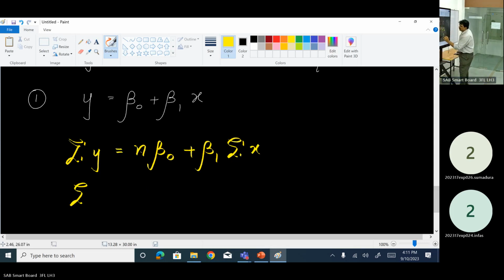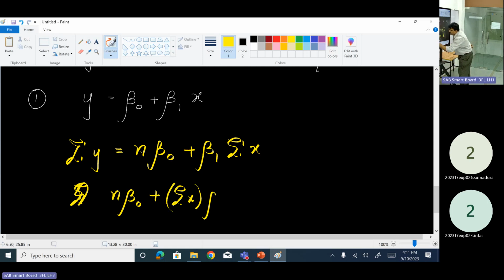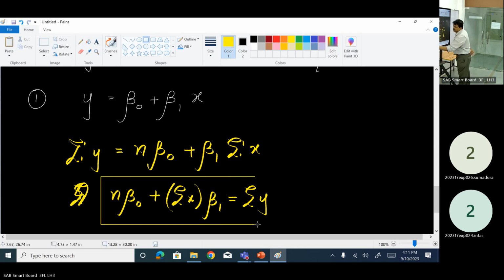We just change the side. n beta naught plus sigma X beta 1 equals sigma Y. n is known, beta naught is unknown. Sigma X is known, beta 1 is unknown. Sigma Y, like AX plus BY equals C. This is one normal equation.